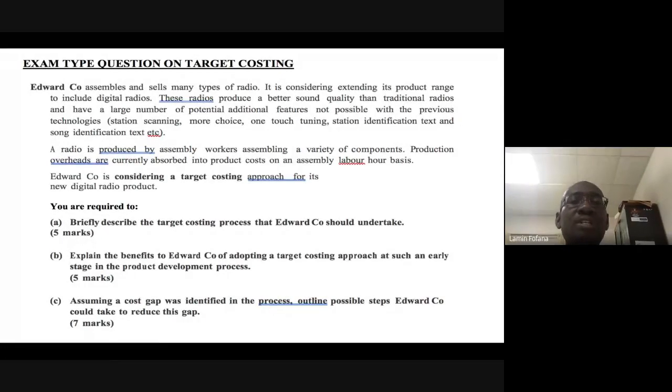When you calculated your target cost, you looked at your estimated cost and tried to reduce the gap, because if you don't do that, then there's no point doing your target costing, because you have to produce according to your target cost. So in order to do that, you must reduce your cost gap. Okay. So what else?